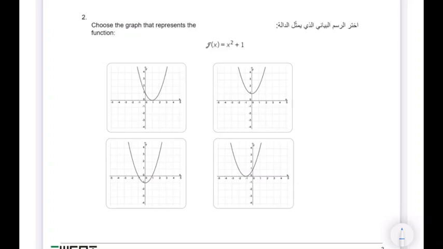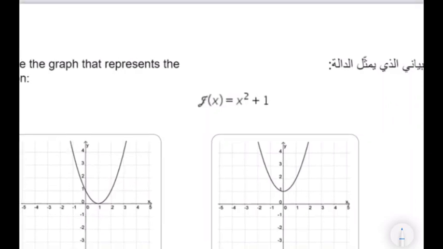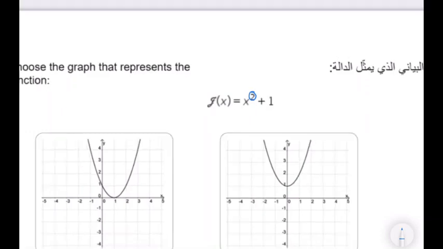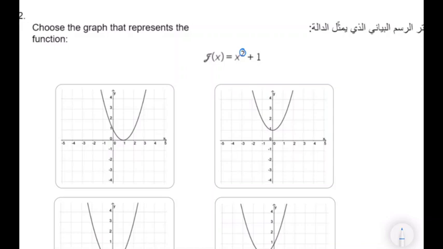Choose the graph that represents the function f of x equals x squared plus 1. Right away we can see that this function has a degree of 2. Having a degree of 2 means that this function is a quadratic function, which means to the power of 2.